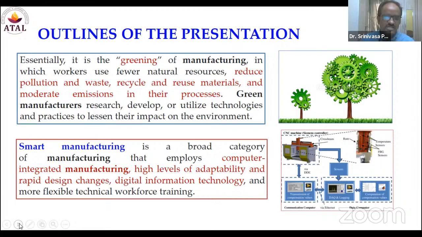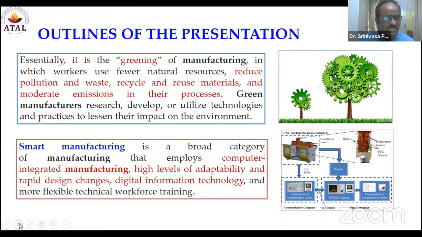Now, coming to another system: if the sensor and the CNC machine, sometimes more than one sensor, multi-sensor, contact sensor, non-contact sensor, irrespective of the sensor, are able to connect through the internet, then the concept is known as IoT, Internet of Things.